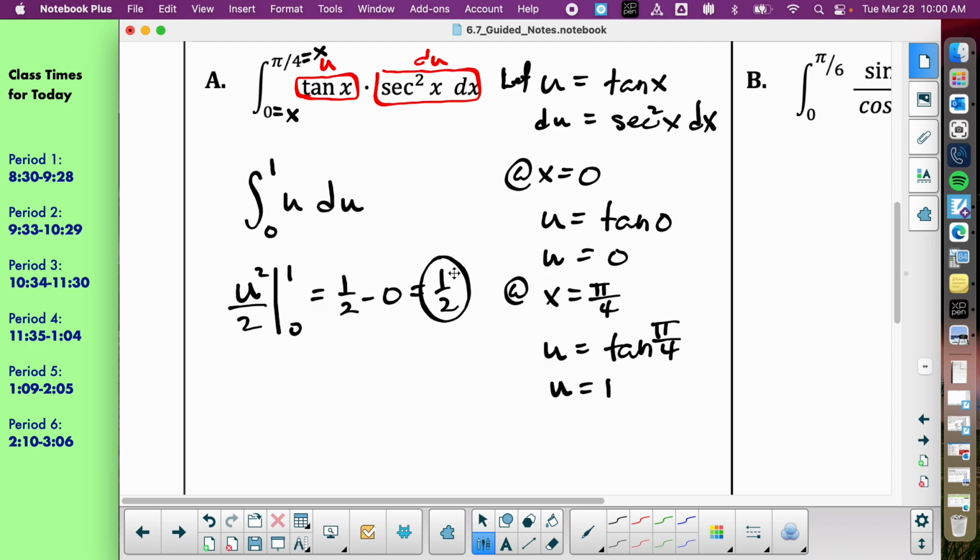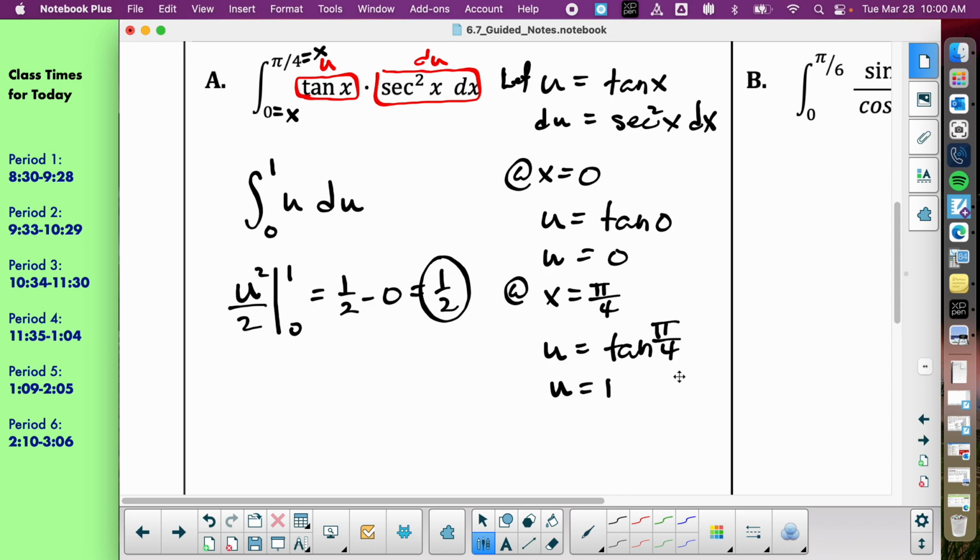Now, definite integral problems are where you start to decide if it's worth it to write u substitution or not. Remember how I said yesterday some people like to do this substitution in their head? If you do the substitution in your head, you can keep using 0 and pi fourths and not ever have to change it.